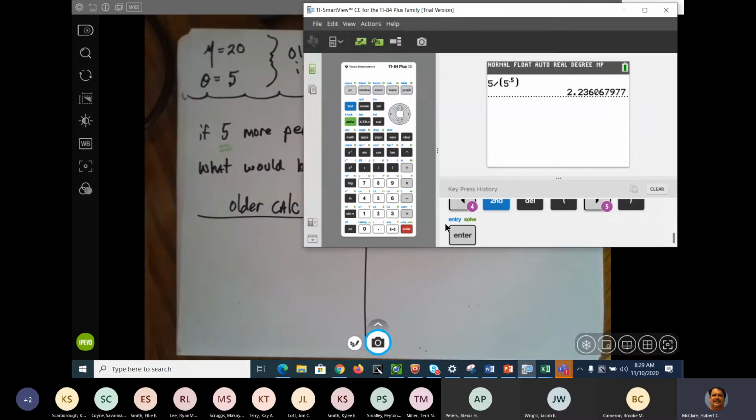If you're using a new calculator, that's going to be your new standard deviation based on the 5 new people. If you're using an old calculator, you're going to use that 2.236 and so on as your calculation.